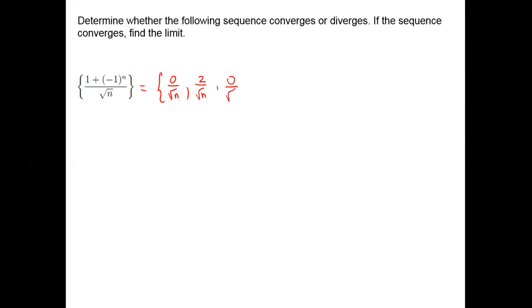Then again, 0 over root n, 2 over root n. We can nicely see that these terms are zeros, and the others are 2 over square root of 2, 0, 2 over square root of 4, 0, and then 2 over square root of 6.